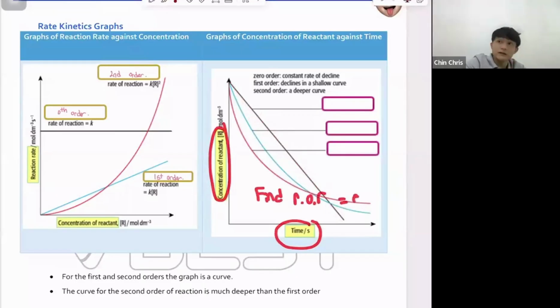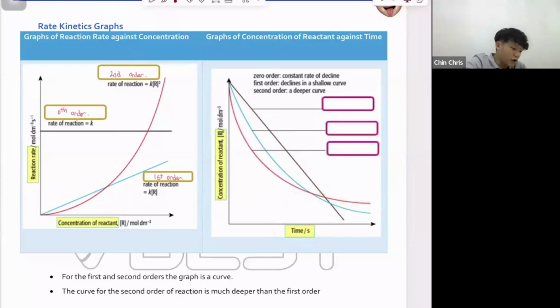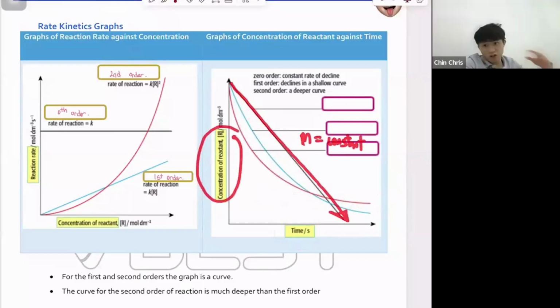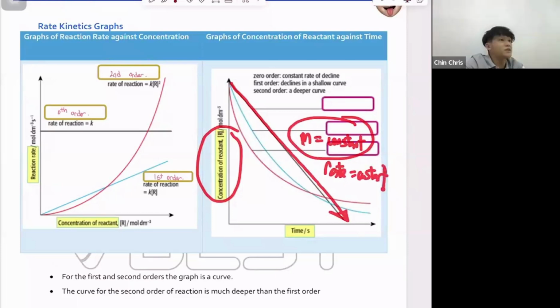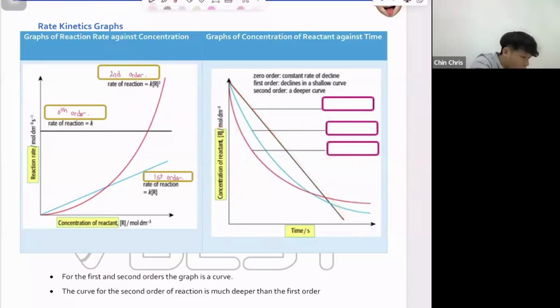The gradient, right? The gradient is constant, which means no matter how much the concentration of reactant is changing, your rate is constant. So this is definitely our zero order.